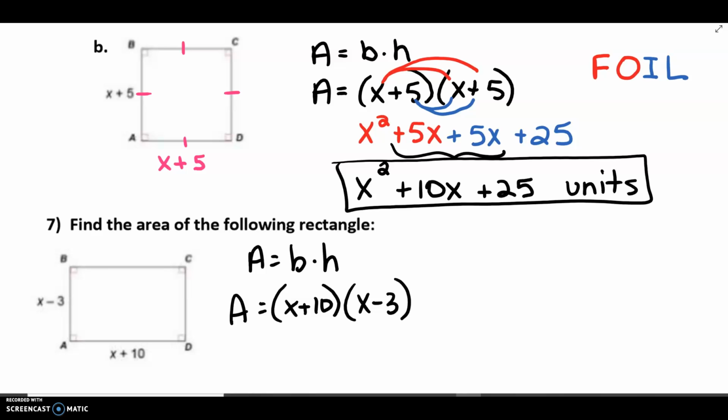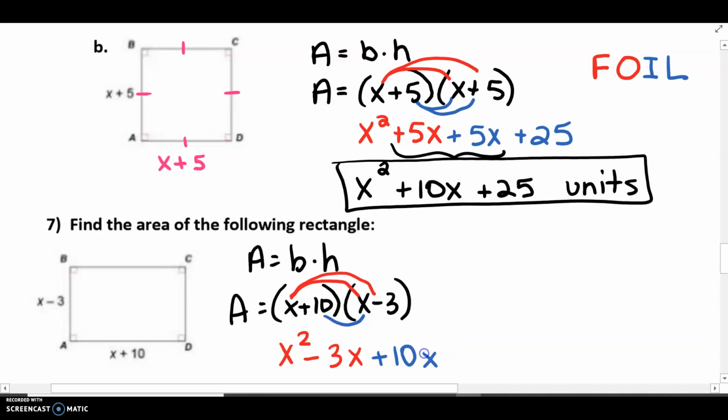We do double distribution. I distribute that x to multiply the first ones together to get x squared, multiply the outer to get minus 3x, multiply the inner to get plus 10x, multiply the last to get negative 30.